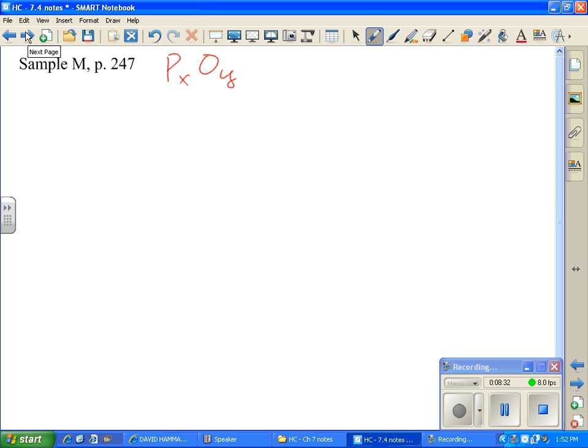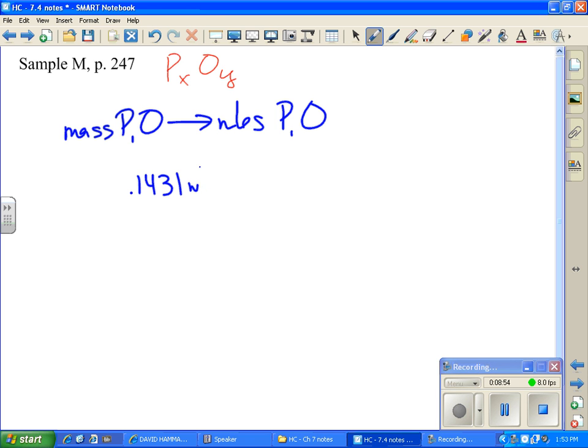One more quick example, page 247. They have a sample question involving phosphorus and oxygen, which you're able to work through. After they get from the mass of phosphorus and oxygen to moles, you're going to see that you have 0.1431 moles of phosphorus and 0.3573 moles of oxygen.